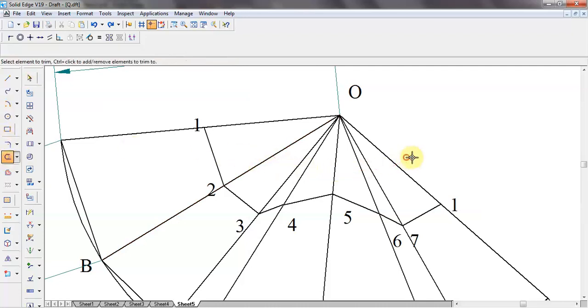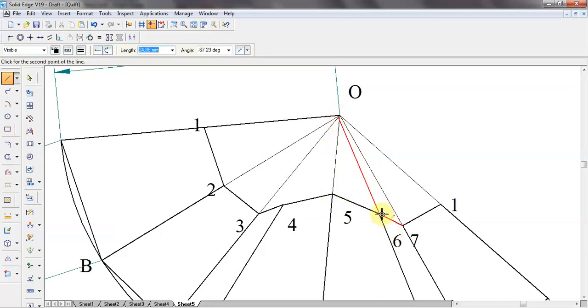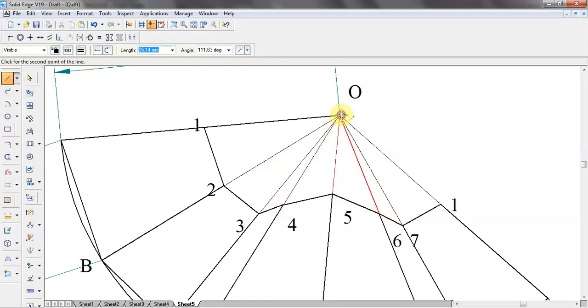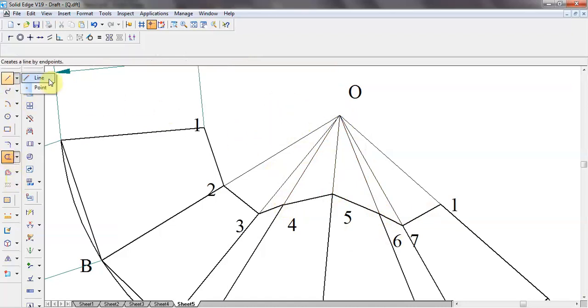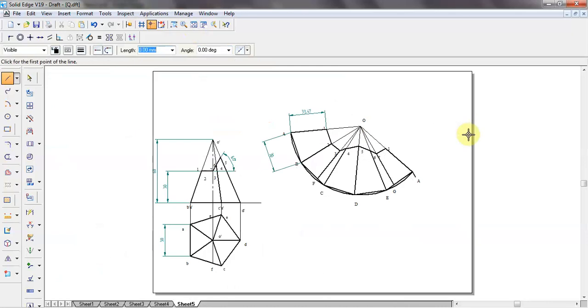Trim these portions off. So this ends the development of the pyramid.